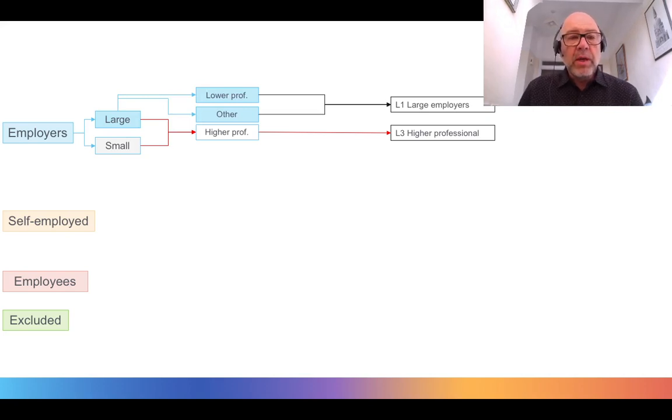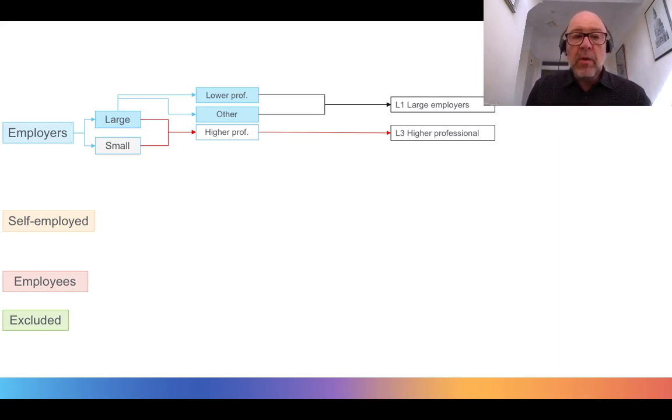So for large employers, you can see here that lower professionals go into the operational category of large employers, as does every other occupation. As a little note, you see the L1 and the L3. L could mean long form; these are our operational categories, which are then clustered together to form classes, which I'll get onto later.